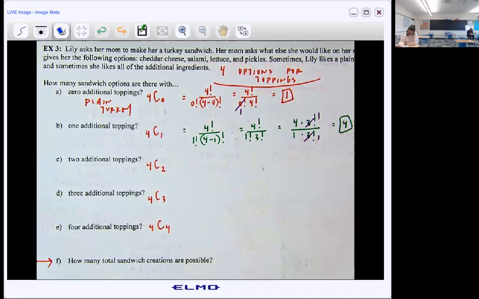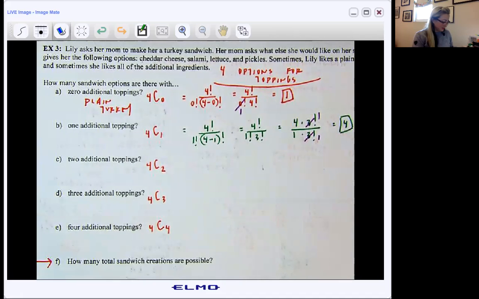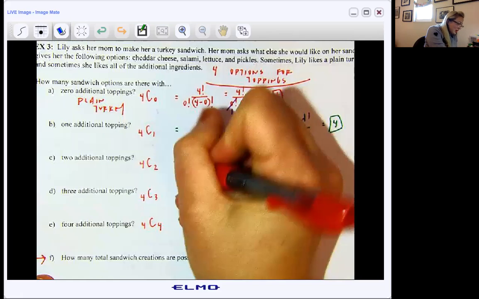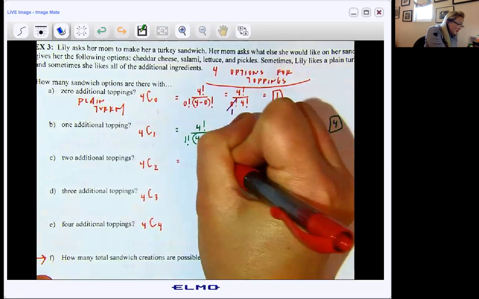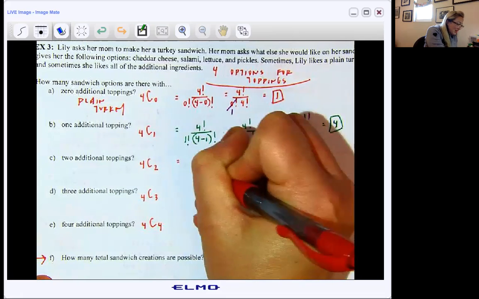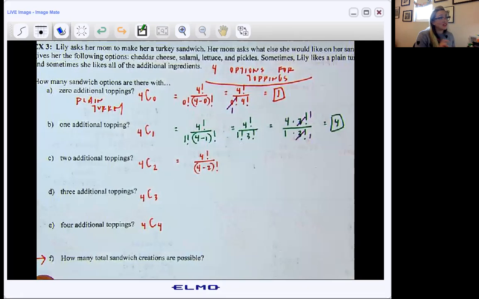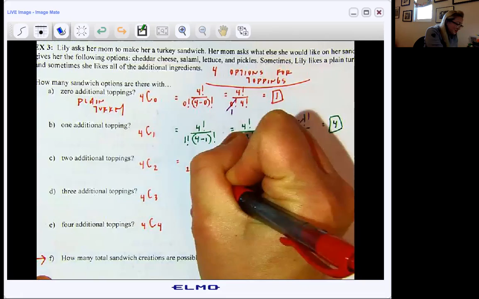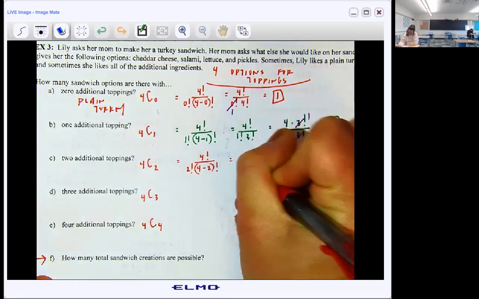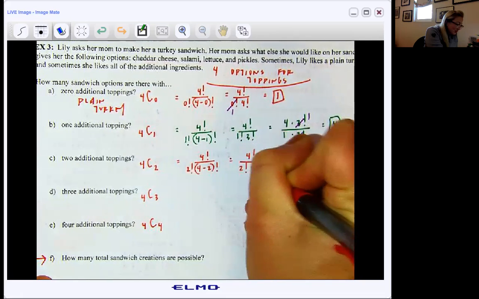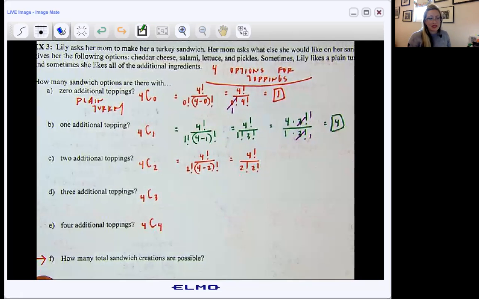All right, what if we have 2 additional toppings? So here I would have 4 factorial over 4 minus 2 factorial, and then the duplicates, 2 factorial out in front. So 4 factorial over 2 factorial times 2 factorial, just like that.